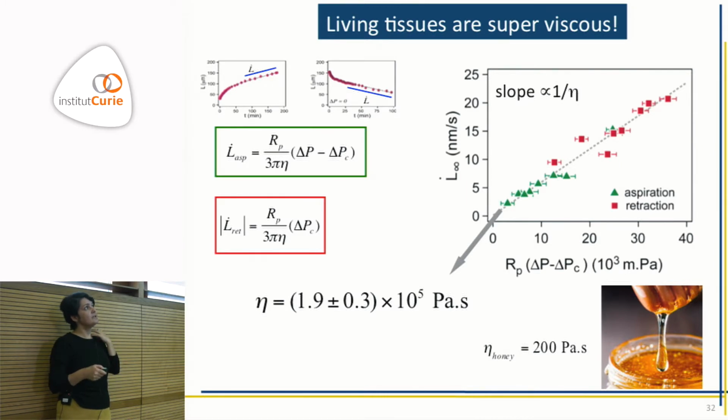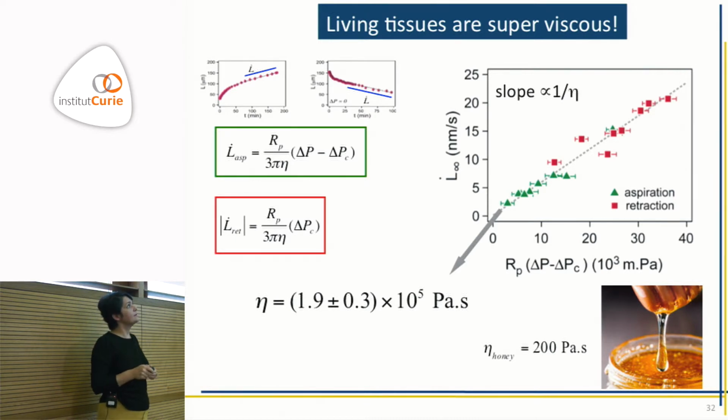The viscosity as a function of the applied force, this is the stress, you see that there is no relationship. You don't change the viscosity. So it means that there is no fluidification of your tissue, so the viscosity stays constant.